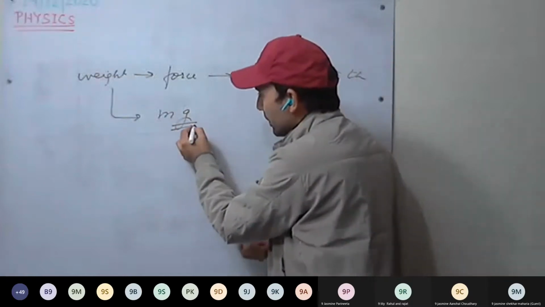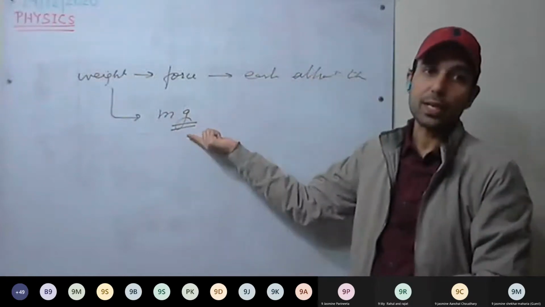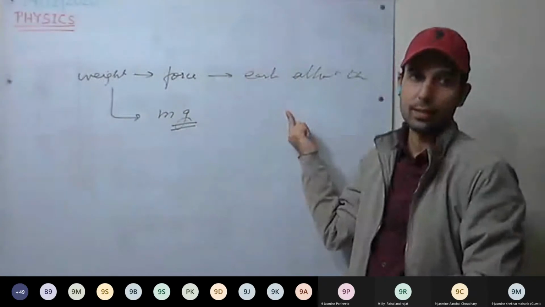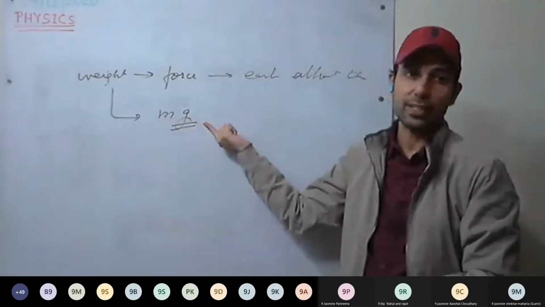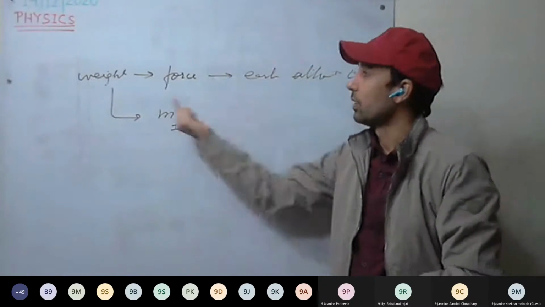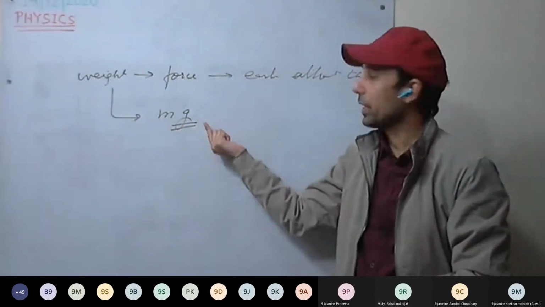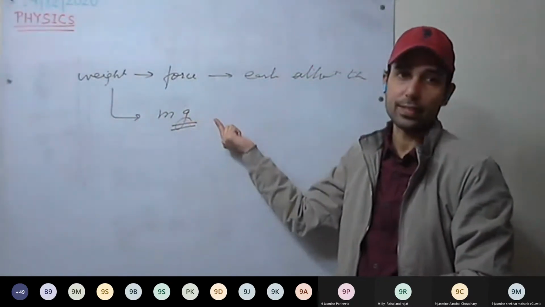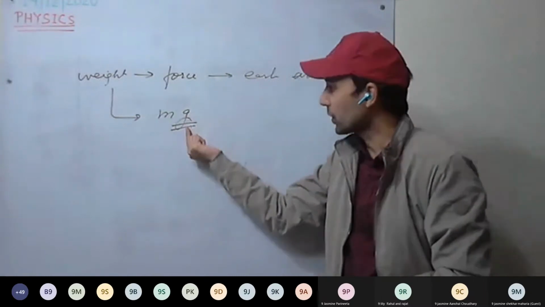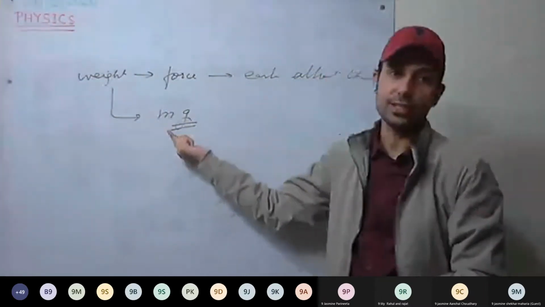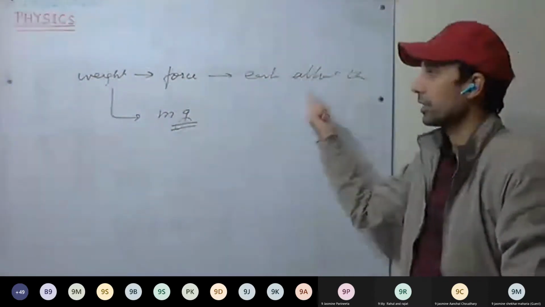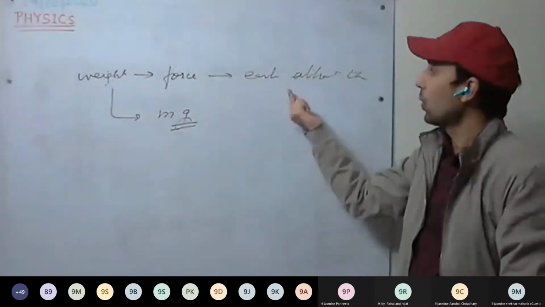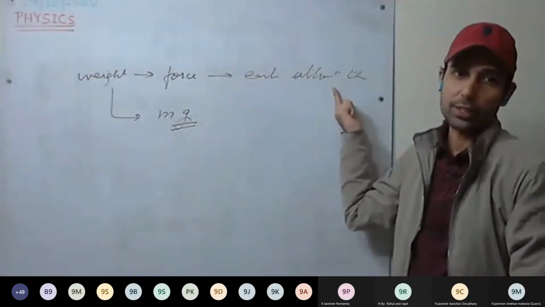And since acceleration due to gravity varies from place to place, from planet to planet, weight may vary, mass doesn't vary. If acceleration due to gravity changes, the weight of the body changes. This is clear. It is the force with which the earth, or any planet, attracts the body.